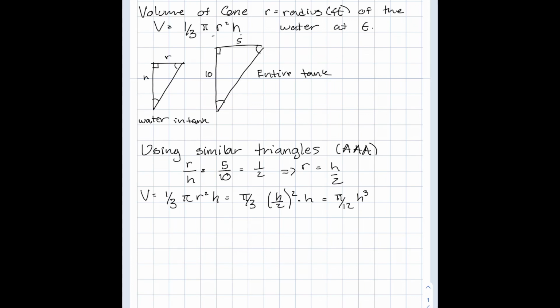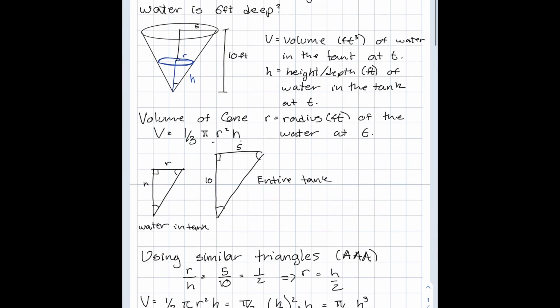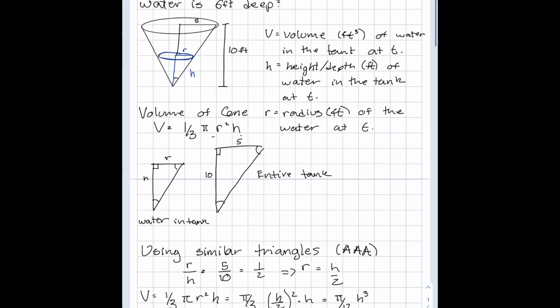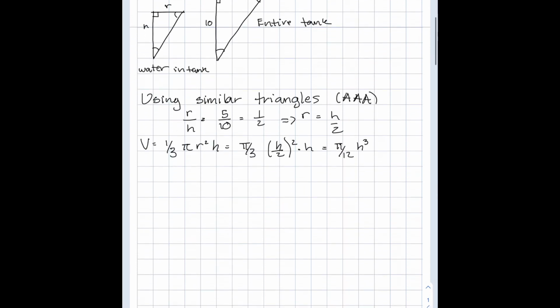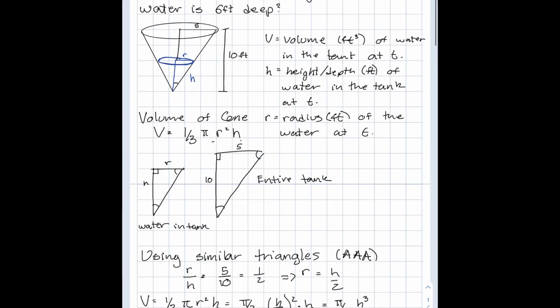So now I want to find how fast the water level is rising when the water is 6 feet deep. So we want the change in height with respect to time when h equals 6, and what else am I given?